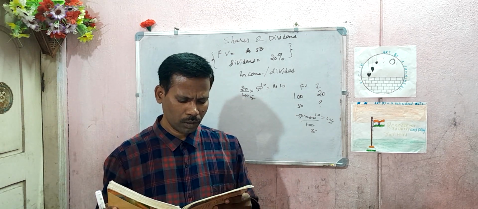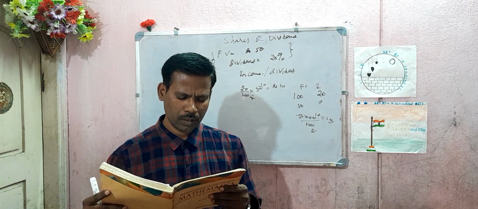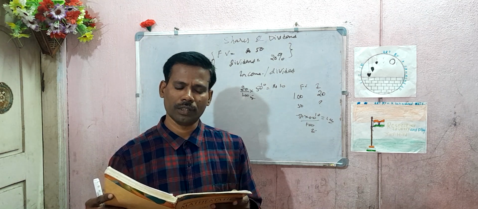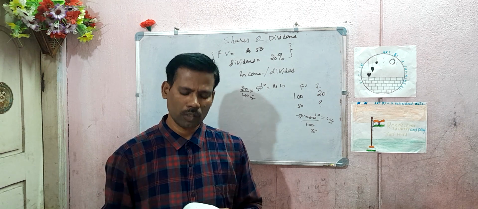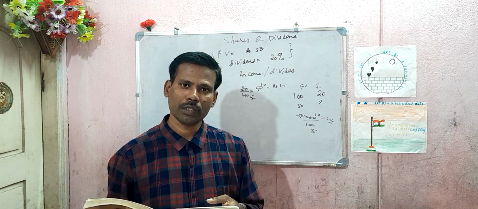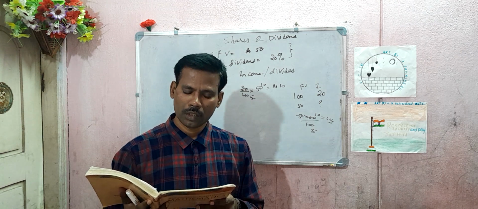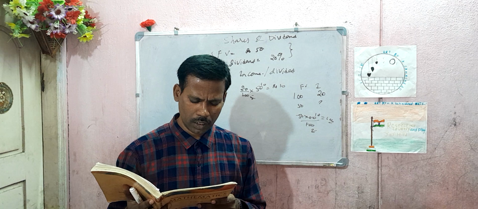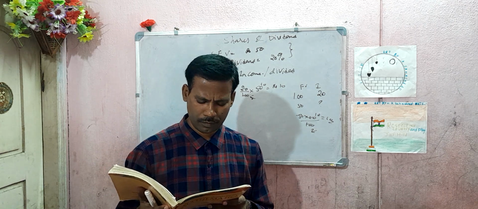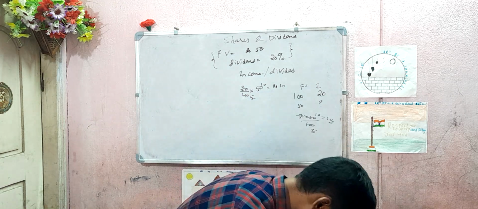A person bought 300 shares of face value rupees 25 each. Means the face value of each share is how much? 25. How many shares did he purchase? He bought 300 shares. A dividend of rupees 525 was received at the end of the year. Find the rate of dividend.